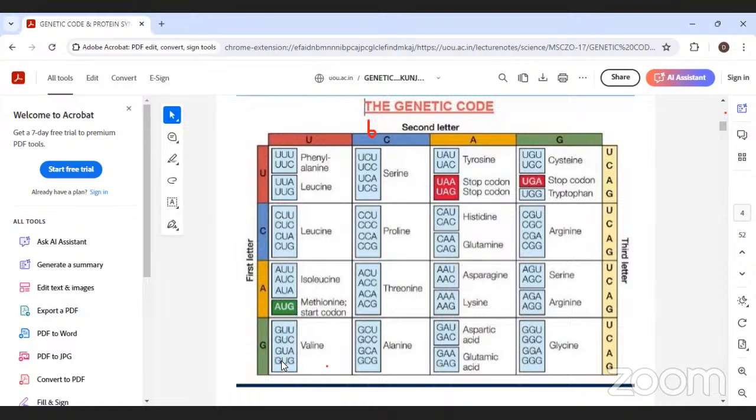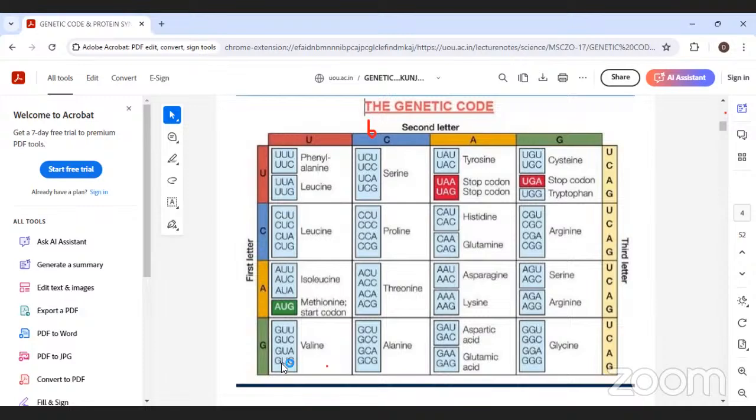AUG and GUG. See, AUG is the methionine start codon, and this is the valine start codon. They occur at the beginning of the mRNA, or following a stop.